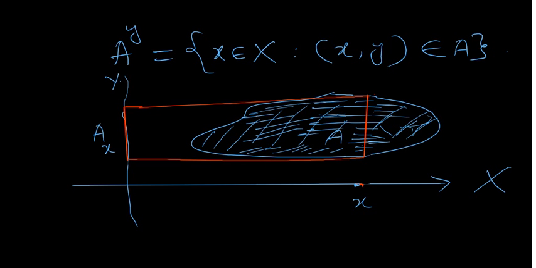Now if you want to find Ay for any particular y, you choose a point y here. Let's choose this point y.